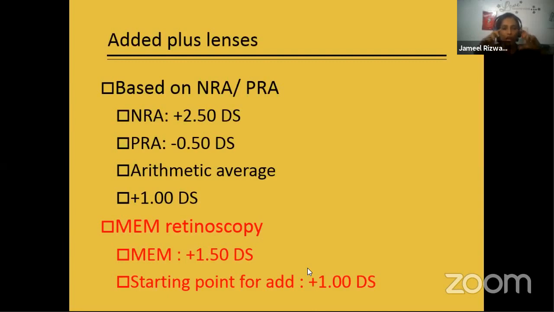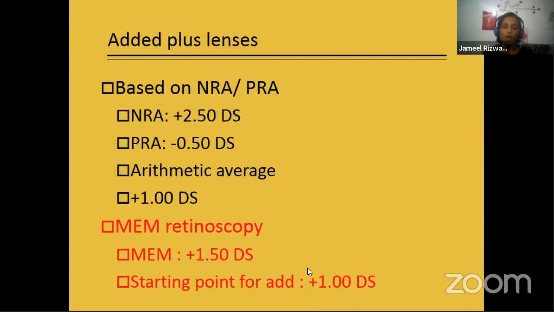The patient is looking at the near target, you are doing your retinoscopy, and you are putting plus lenses to neutralize the lag of accommodation. You have to do it as quickly as possible to make sure the patient is not getting adapted to the target.